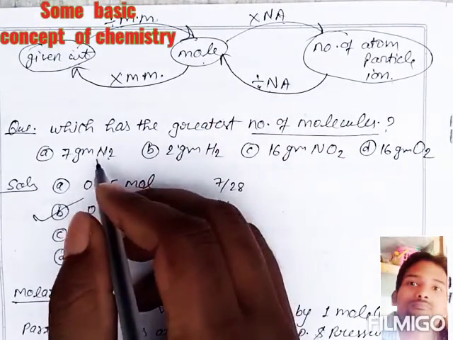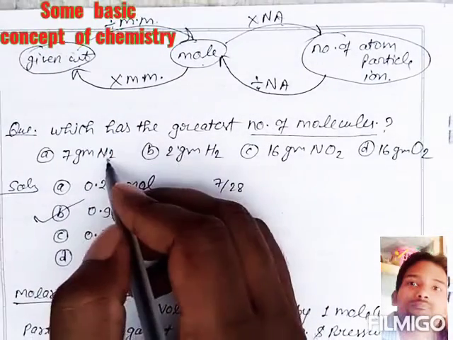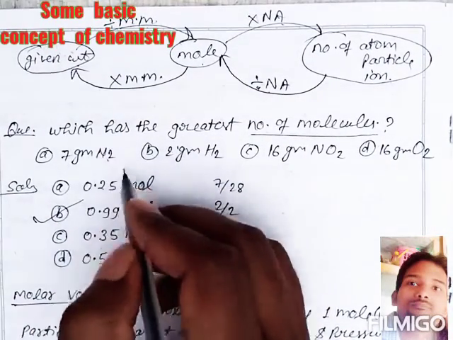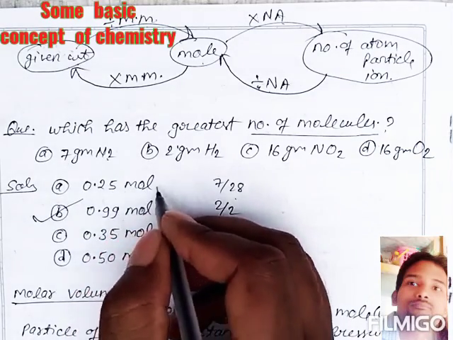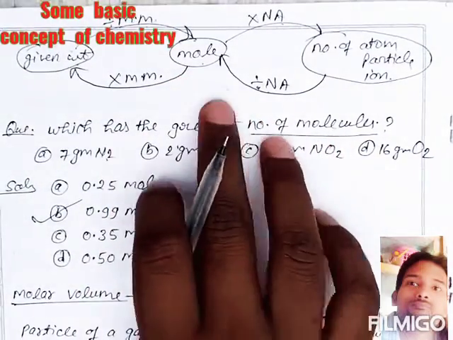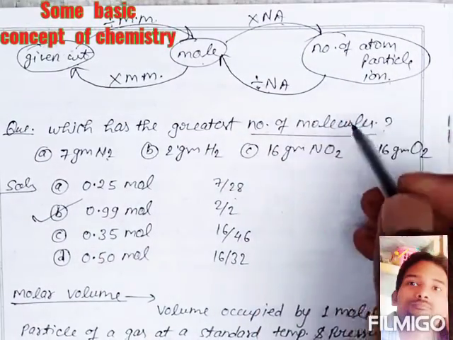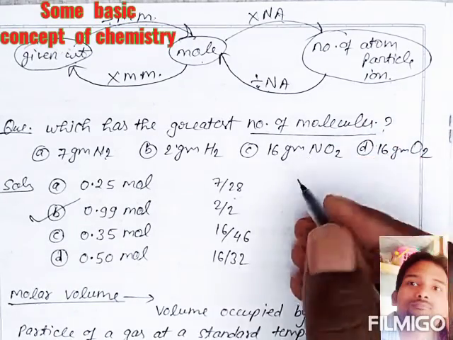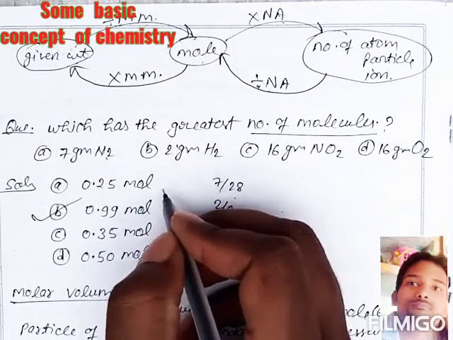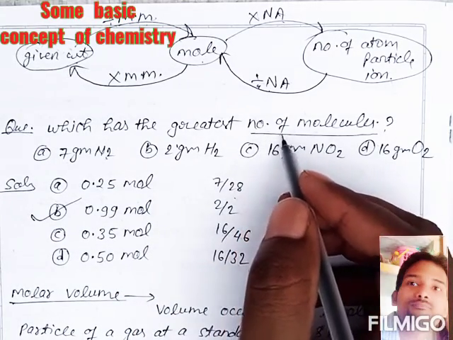The given weight is 7 gram, and molar mass of N2 is 14 × 2 = 28. 7 divided by 28 gives 1/4, that is 0.25 mole. Once you have the mole, in each case if you multiply by Avogadro number, you will get the number of atoms, particles, or molecules. So finally you multiply by Avogadro's number, because here it asks for the number of molecules.